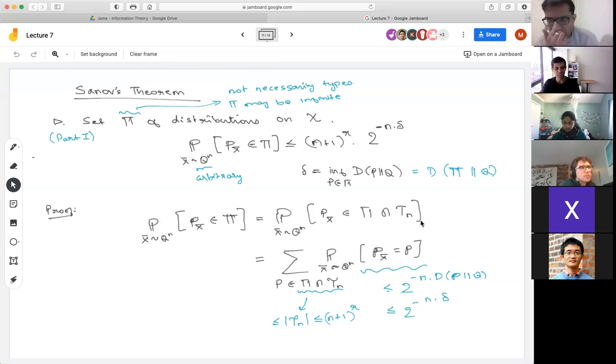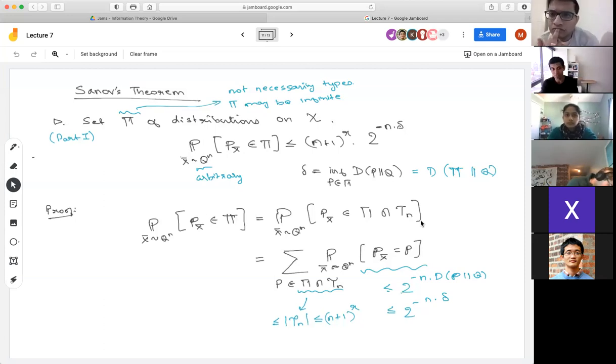The caveat, of course, is that it's very important that the samples x1 to xn are all independent. There are many concentration phenomena which do not require independence, and the method of types says nothing about them. If there's some other dependence, we'll have to use other techniques to prove concentration. This is purely a convenient way of counting, which works when you have independent sequences.